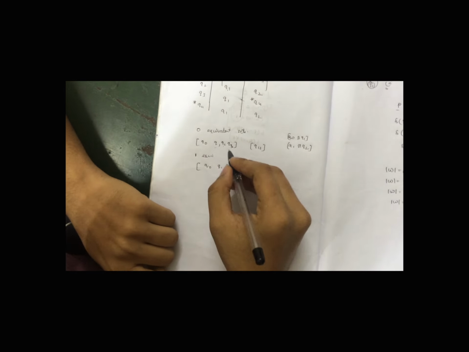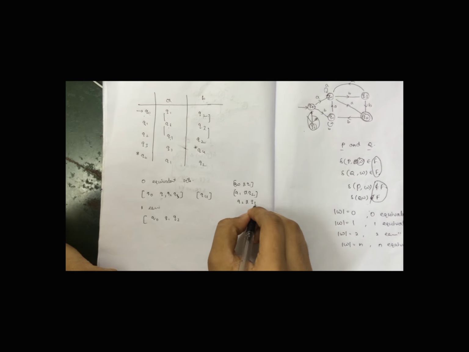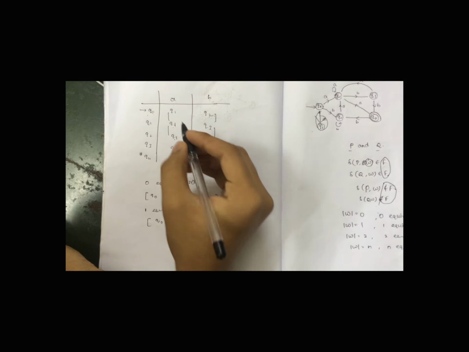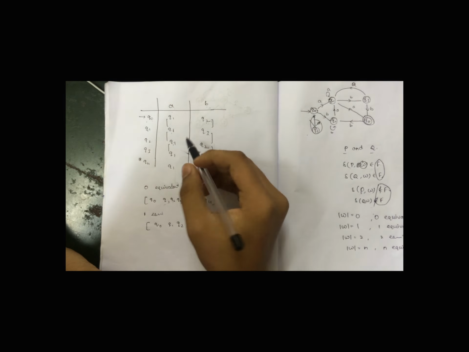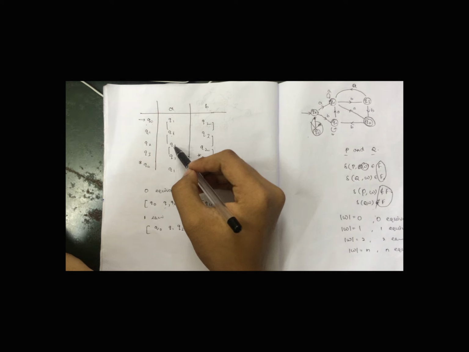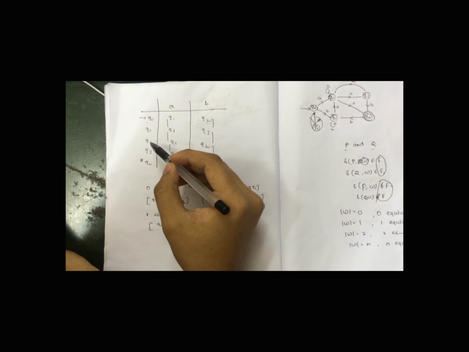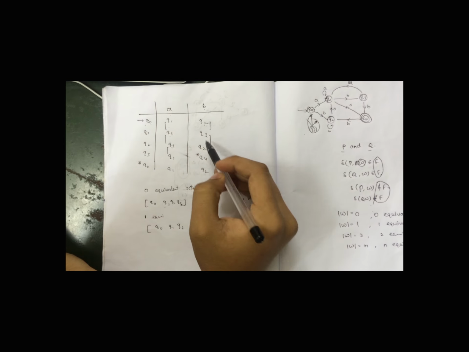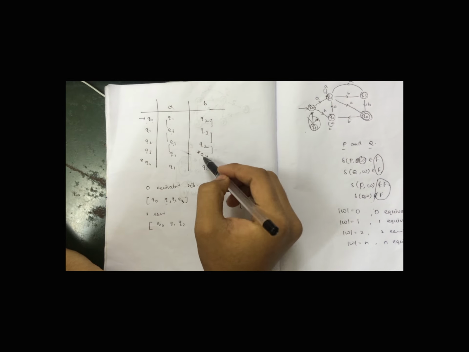Now let us consider q2 and q3. Let me mark q2 and q3 here. So q2 on giving A going to q1, and q3 on giving A is going to q1. So both are in the same state. And q2 on giving B is going to q2, and q3 on giving B is going to q4.